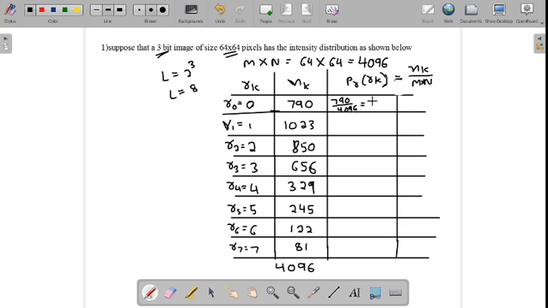What is the value? 0.192. Just take two decimal values, that's sufficient. 0.19. Next, 1023 divided by 4096, what is the value? 0.2497, so the next digit is 9, which means you need to round it off, and you write it as 0.25.